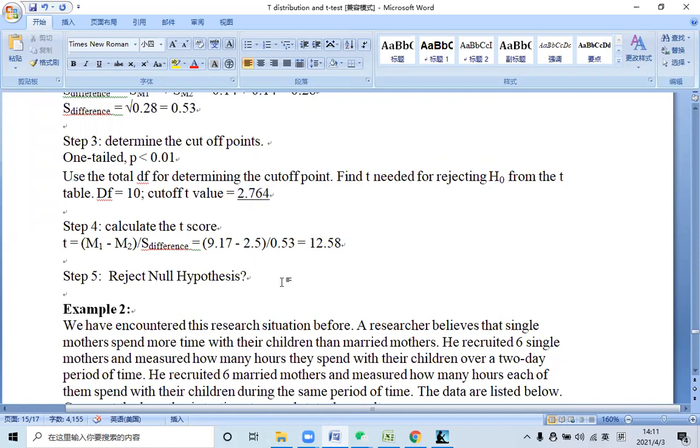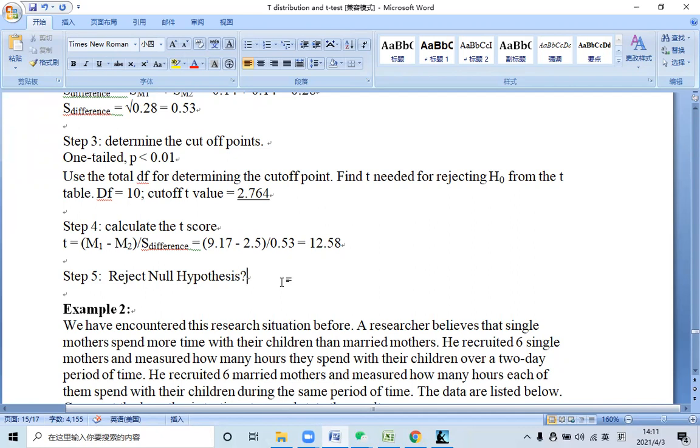In this case, do we reject the null hypothesis? What is the decision? Yeah, we reject the null hypothesis. We have sufficient evidence to reject the hypothesis that says there's no difference between the two populations.